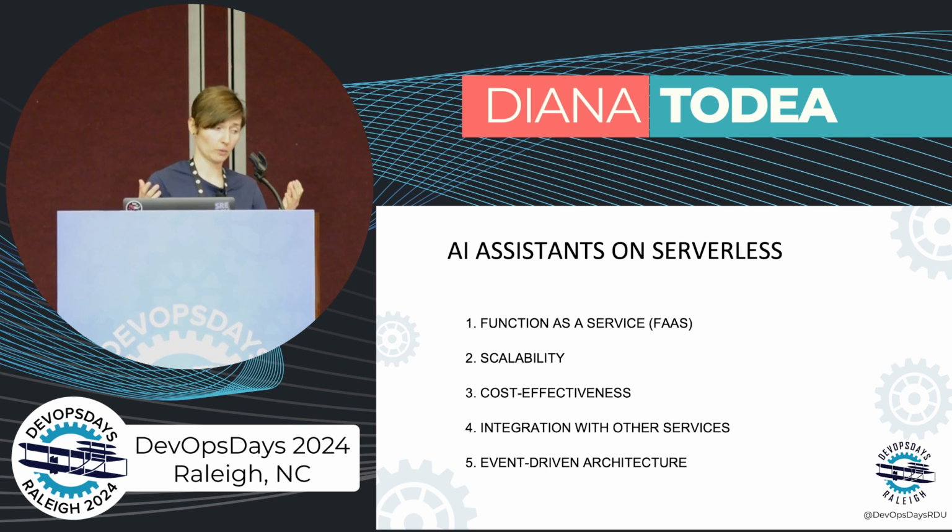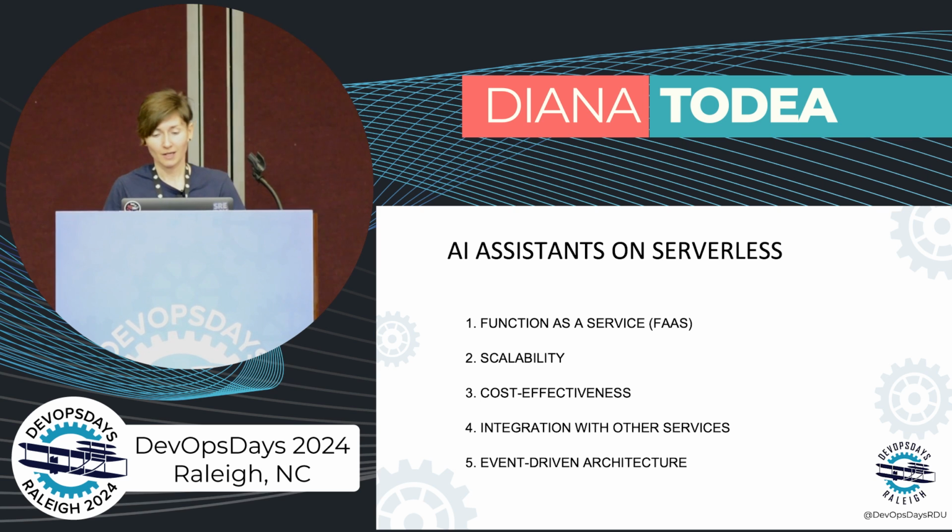They scale really well. So in case you have multiple users interacting with an AI assistant at the same time, it will be very good from the cloud provider's perspective to allocate resources to handle the increased workload. So that's one benefit as well. And then there is the cost effectiveness, because on the serverless architecture you use a pay-per-use pricing model.